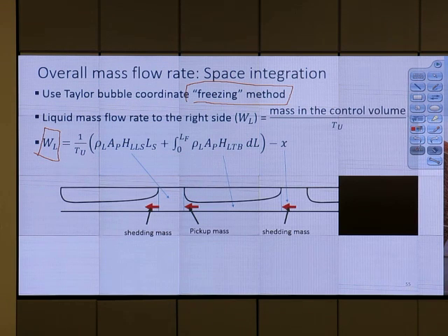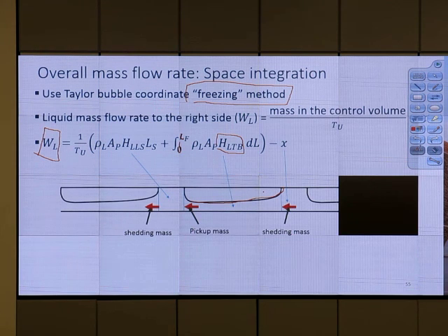It is not the same. Once you do the calculation, you see the integration limit from 0 to liquid film. That mass flow rate takes into account the film height, the change in film height with distance.